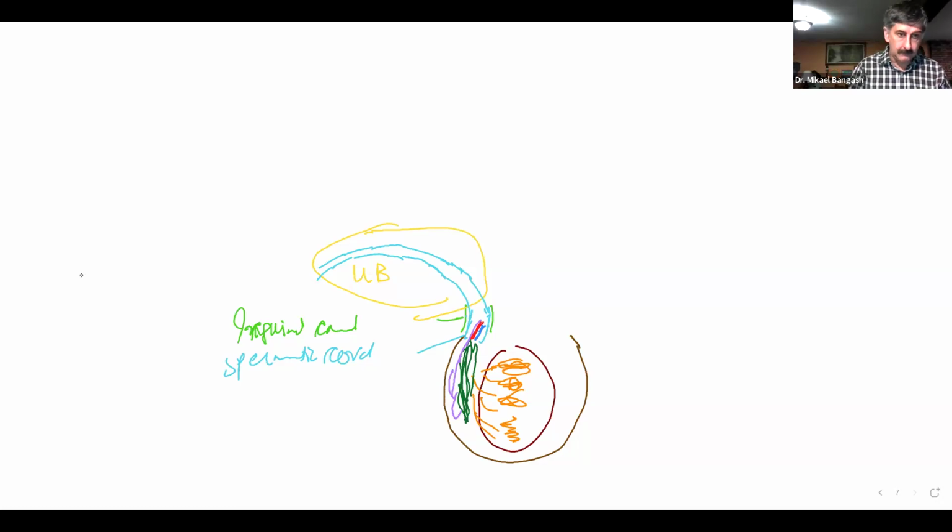Now what we have here is going to be a little glandular structure, which is going to be called the seminal vesicle.